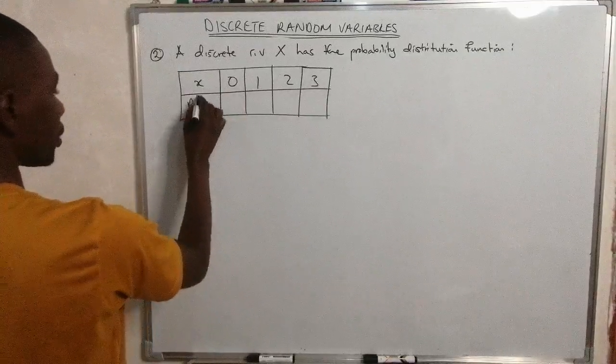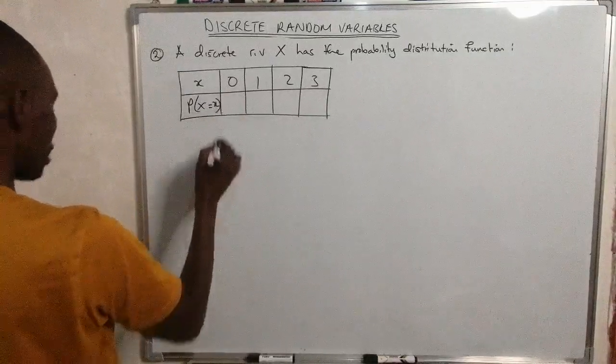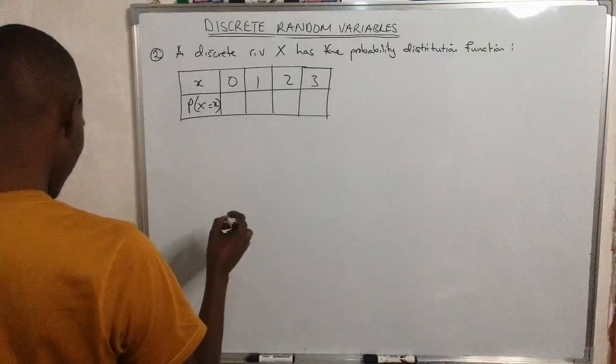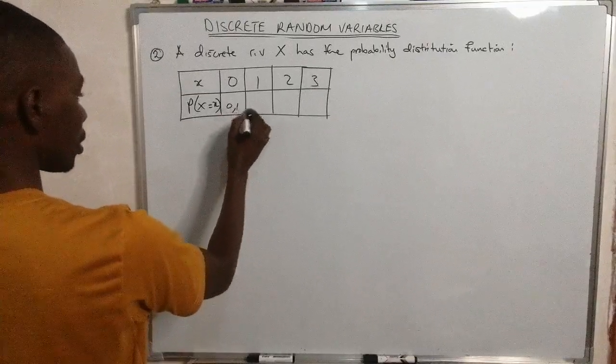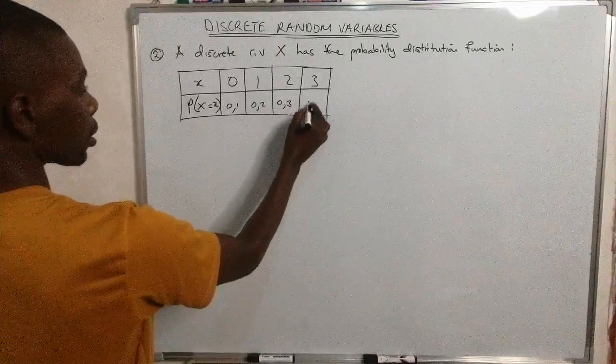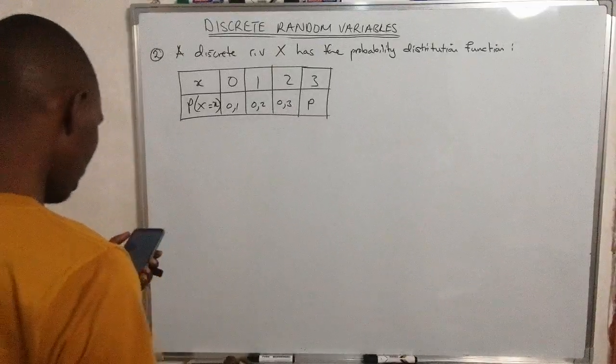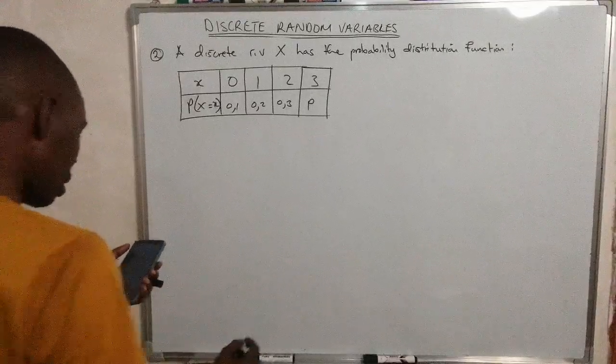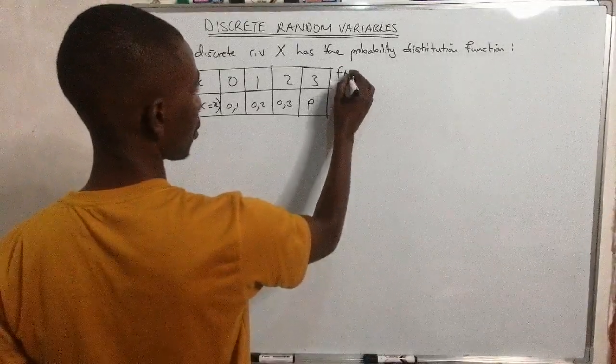Here we have x and P(x = x), with 0.1, 0.2, 0.3, and p, where p is a constant. Find a, the value of p.